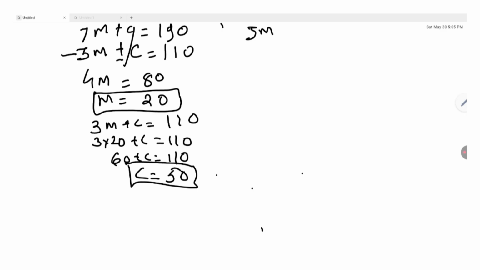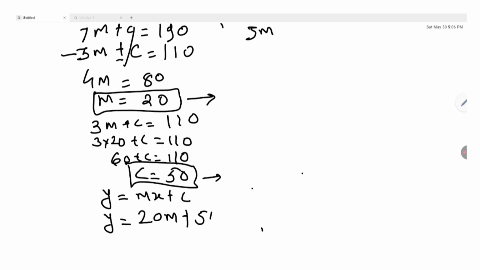Now we got these two values. What is our initial equation? y equals mx plus c. Now I will keep y as it is, replace m with 20 and c with 50. What does this show? It shows that initially they started with $50. Oh sorry, I have to write x.